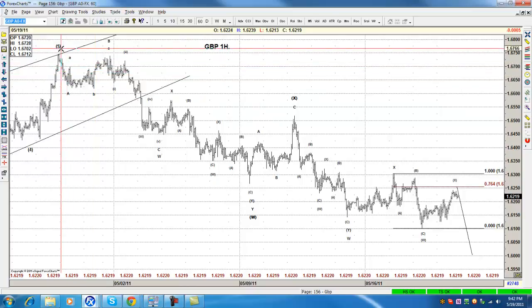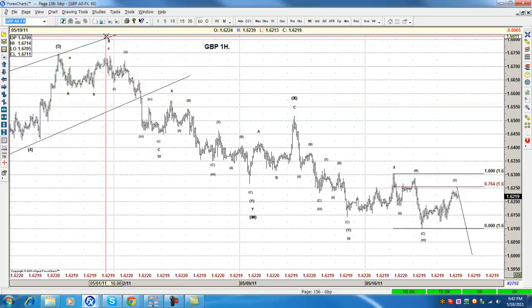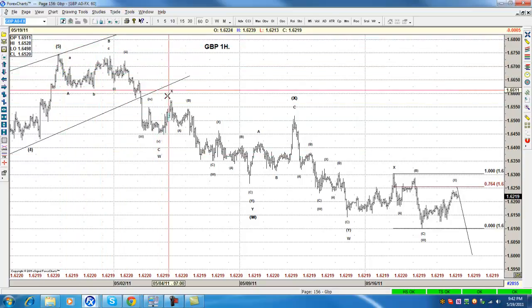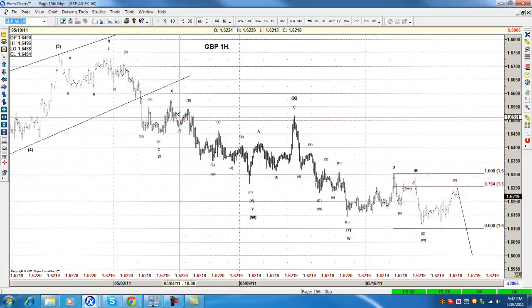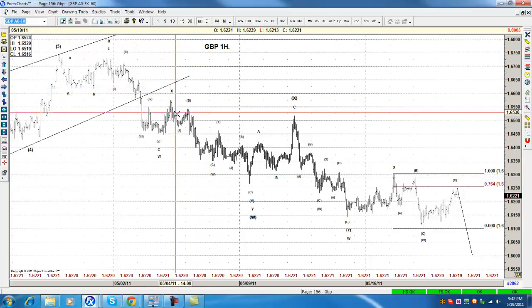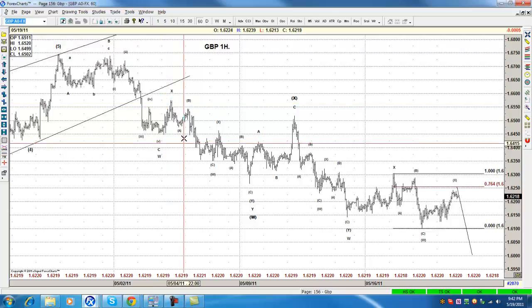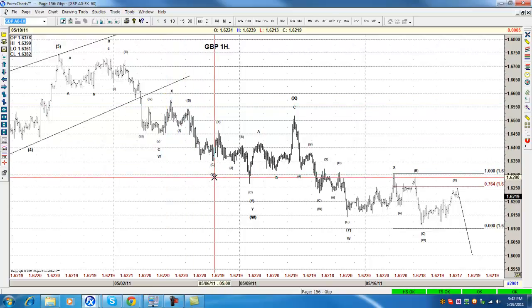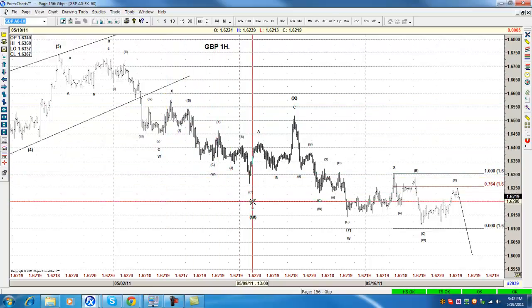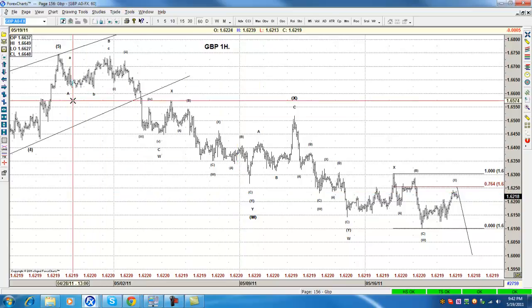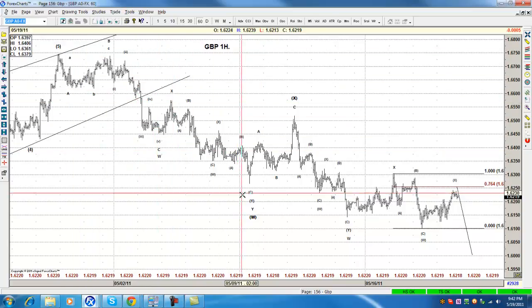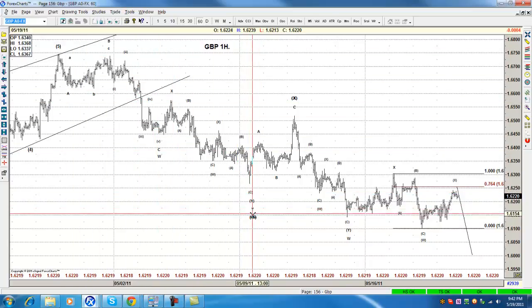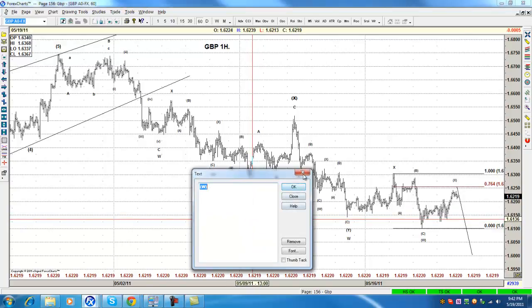So we're labeling like this: A, B, C, W, S, and then right here like a double zigzag, and this is A, B, C, W again, S, A, B, C, W again, and then it goes A, B, C, W, S, and this is going to make Y, which is going to be, let's label it W of highest degree, or if you guys do not want to get confused, you can label it as an A.